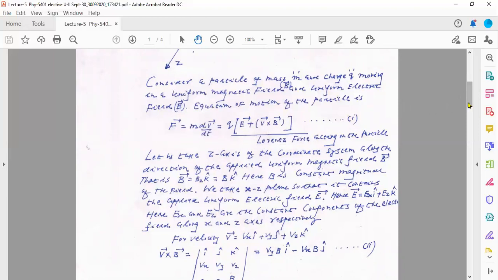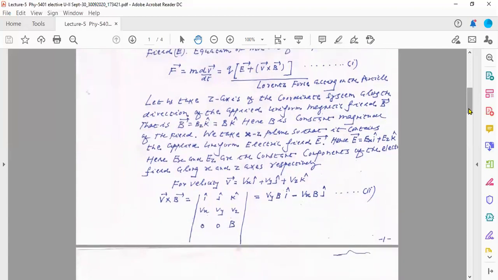And now we write equation number two. Look at equation number two, where I calculated V cross B. I take the vector product of the velocity vector with the applied magnetic field, which is a uniform magnetic field that has only a z component.